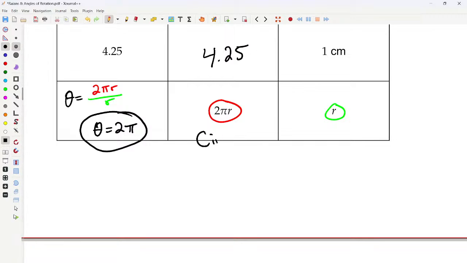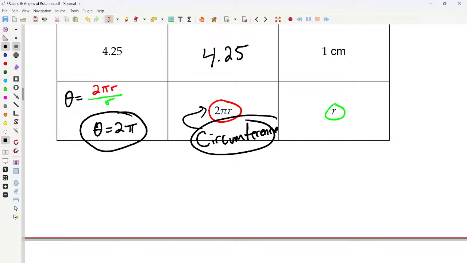That's right. Thank you. That's the total distance around a circle, and it doesn't matter how big the circle is. One arc length around a circle is called circumference.